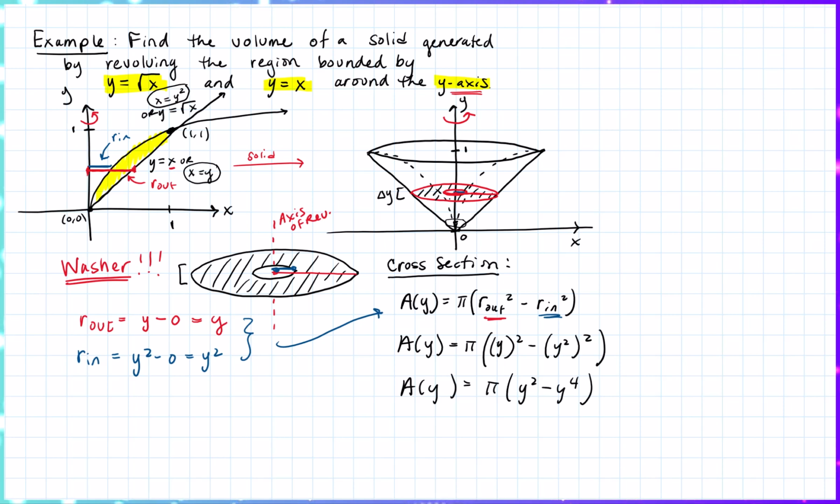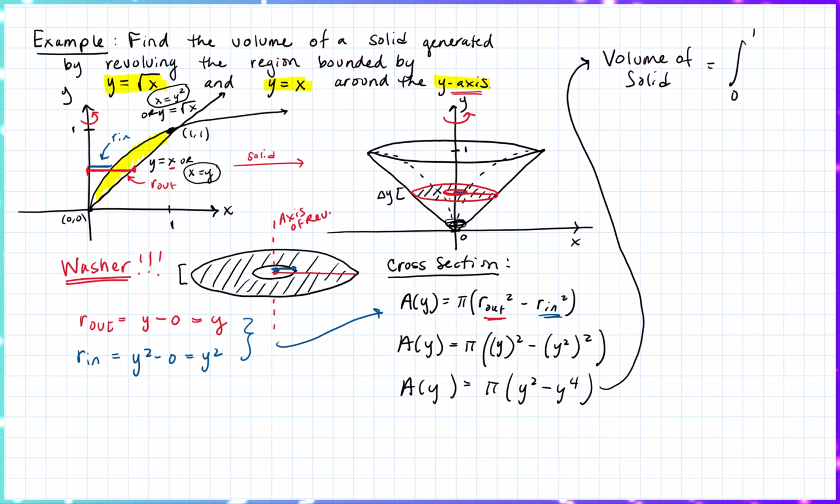Now we've done all of the setup, all of the geometry to graph it and visualize it and figure out if it was a washer or a disk and what those radii looked like to calculate the area formula. And now the volume of the solid is simply going to be the integral across where we start taking those slices. We start down here at 0 and take slices all the way up to 1.